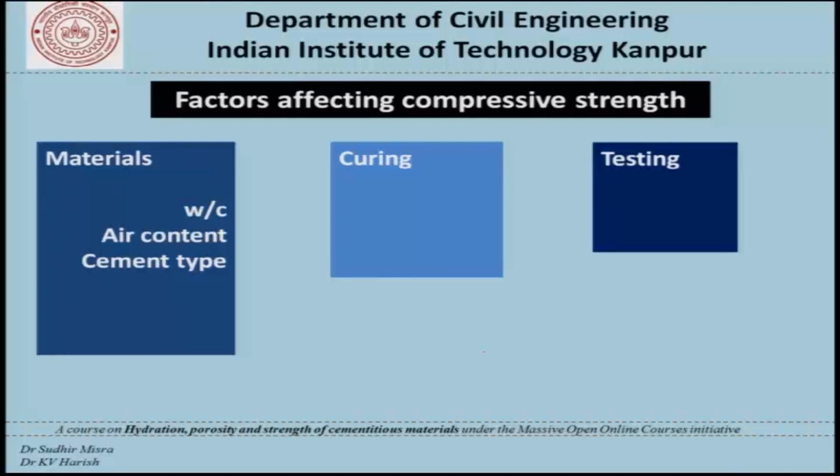The cement type, we know for sure that cement type, its chemical composition, its fineness, has an important bearing on the compressive strength that we will get for the HCP as well as the concrete made with it. The aggregates, though they do not play a part in the hydration reaction and are largely inert fillers, when it comes to the larger picture, again beyond a certain point, aggregates become an important player when it comes to determination of the compressive strength, especially in the case of, let's say, high strength concrete.